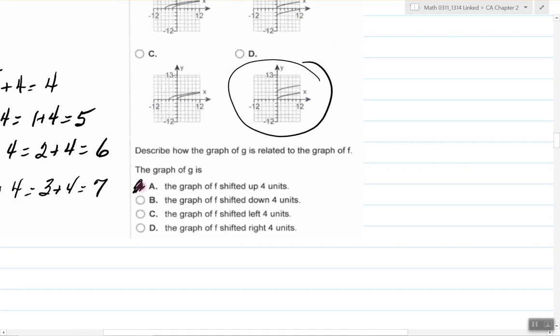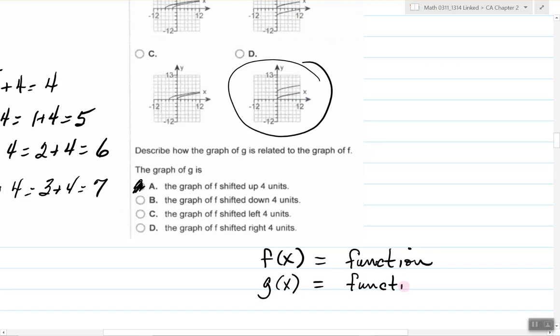So what you're going to notice is if you have f of x equals any function of x, and then you have g of x equal the same function plus some constant, I'm just going to put letter c. If these are the same and you add a c, it will always shift up c units.